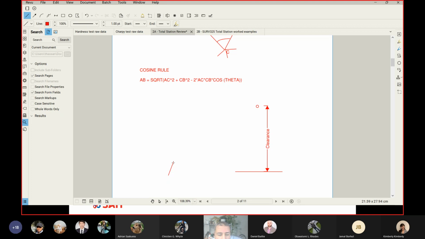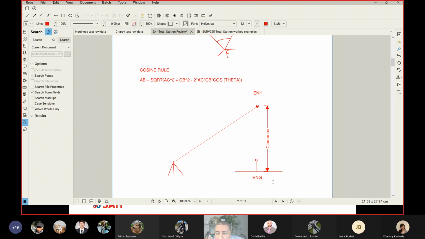Okay, so you can think about it, and some of you will say, you know what, Tahir, you taught us something called reflectorless mode. So I have my total station here, and if you have a total station, you can use the reflectorless mode, because you don't need a prism at this point, okay? If I'm able to measure the easting, northing, elevation of this point, later on, I can bring someone below the cable with my prism, and I can find the easting, northing, and elevation of the point below.